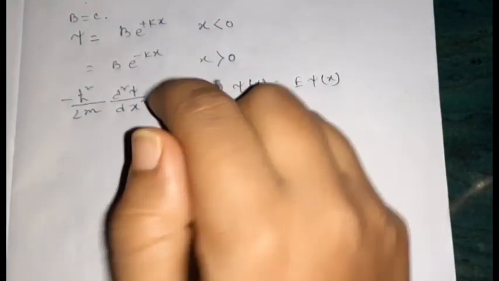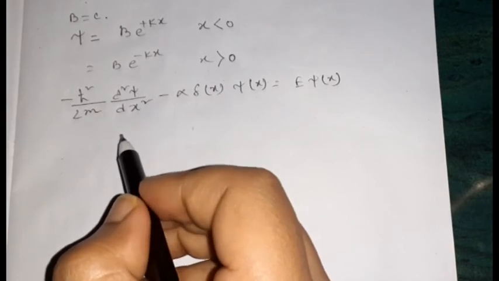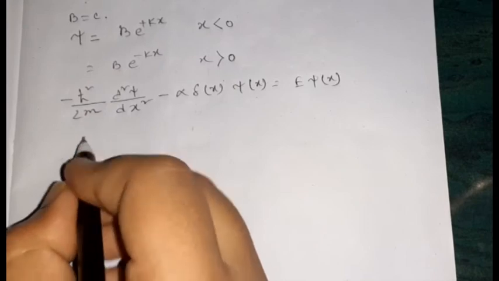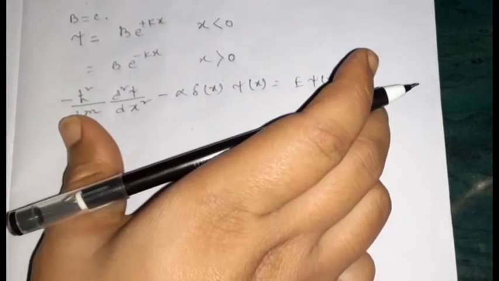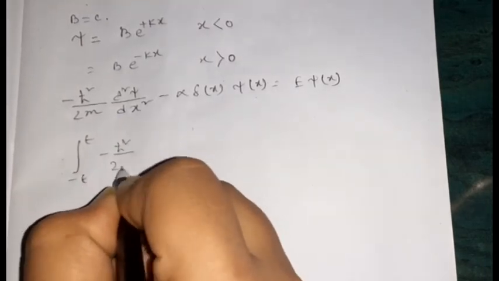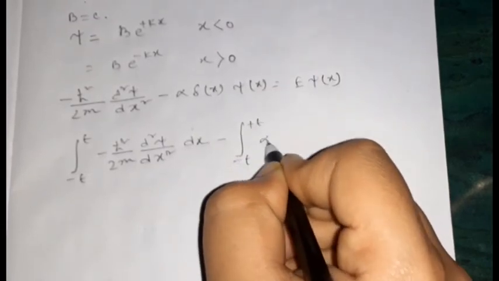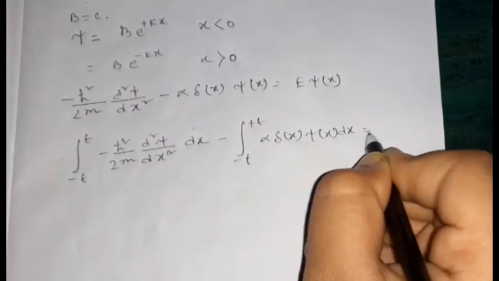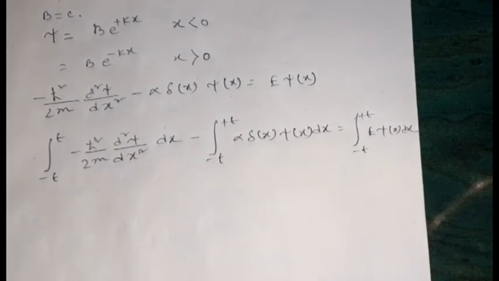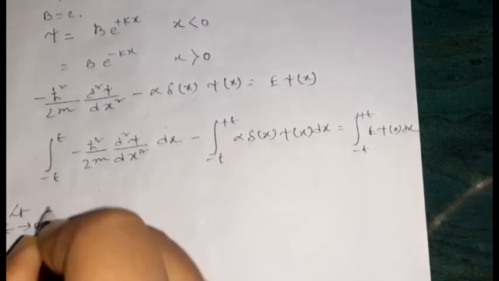What I am going to do is integrate this equation from minus epsilon to plus epsilon, where epsilon is a positive quantity, and then use the limit epsilon tends to 0. That really doesn't change the real definition of this equation.